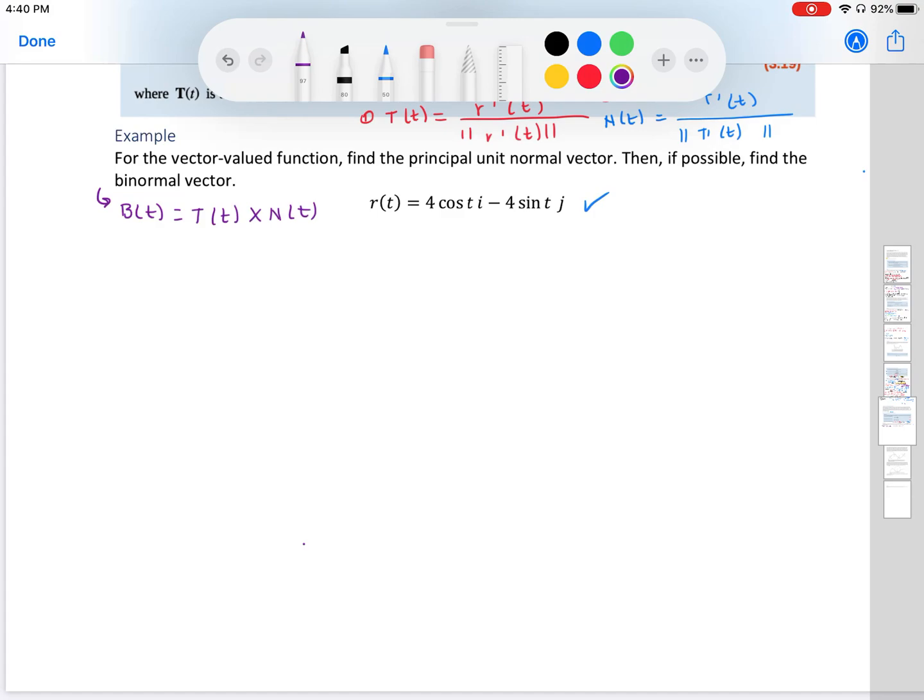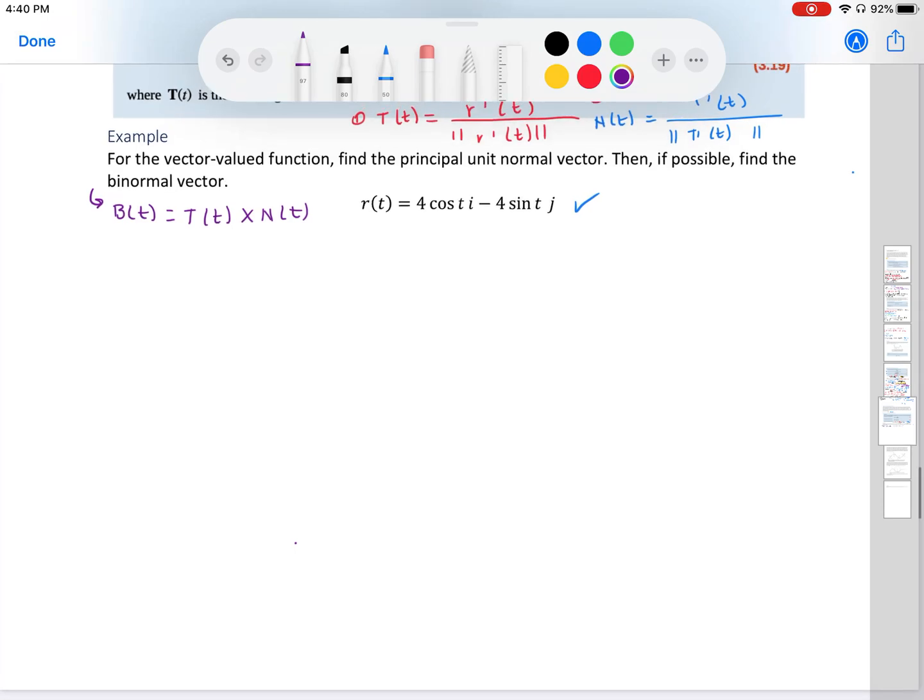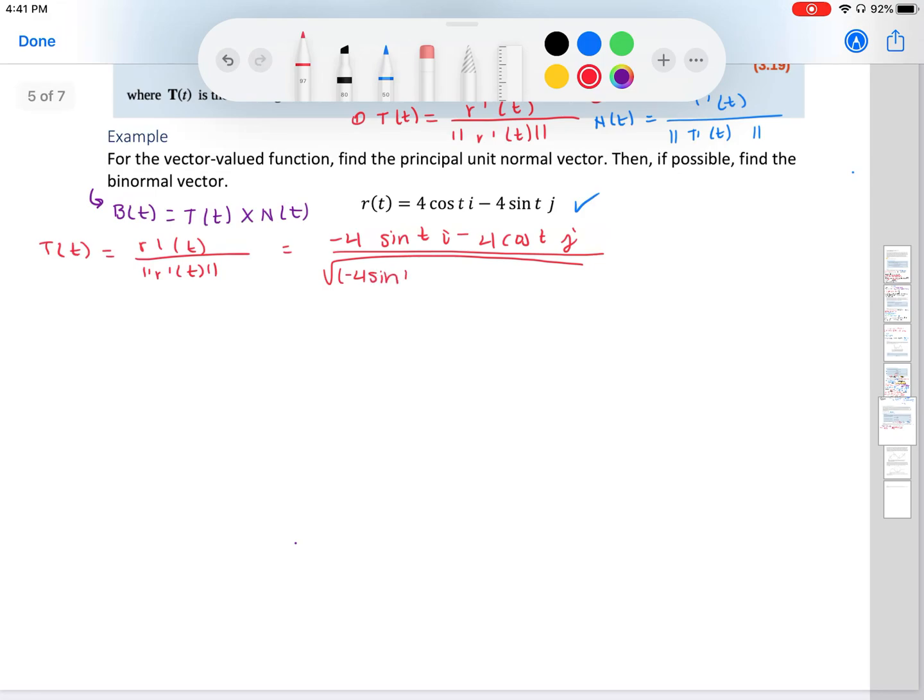Okay, let's begin by finding T(t). All right, well, r prime is -4 sine of t i minus 4 cosine of t j, divided by the square root of (-4 sine of t) squared plus (-4 cosine of t) squared.